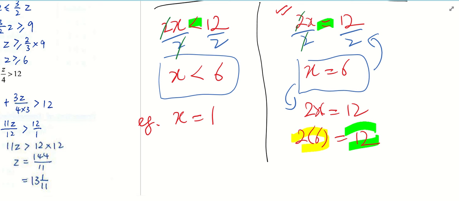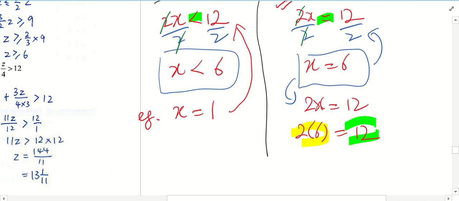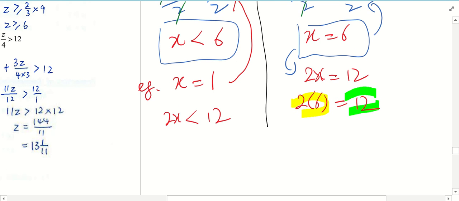Let's see how it satisfies the inequality here. Let me put in x equals 1. Let me write it down first. 2x is smaller than 12. Now if I substitute x equals 1 into the inequality, I have 2 times 1 on the left hand side, which equals 2. Now, is 2 smaller than 12?